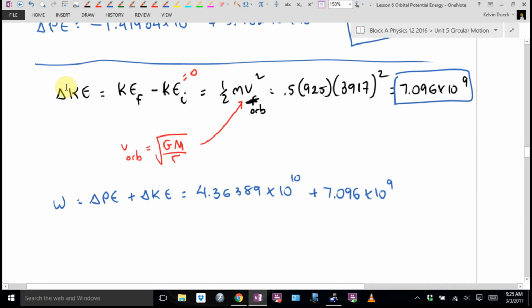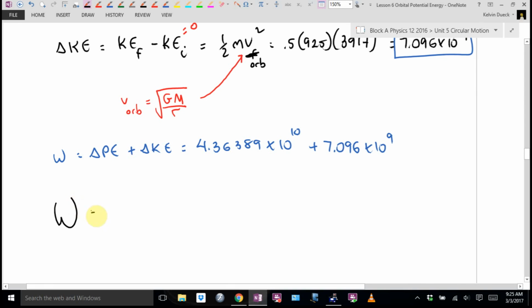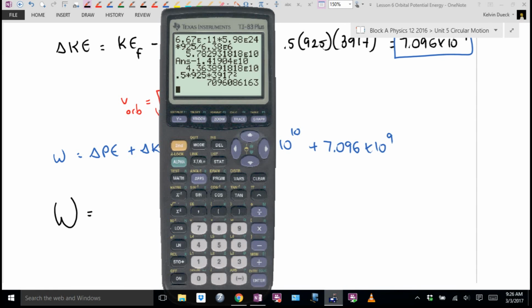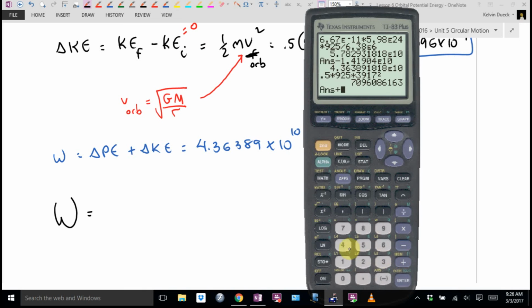Here it is, boys and girls. How much work is it going to take? How much rocket fuel, how much energy will it take to put this satellite in orbit? Thankfully, I still have this number stored on my calculator, so I just have to add 4.36389 times 10 to the 10th, and I get, now I'll go to 3 sig figs, 5.07 times 10 to the 10th.